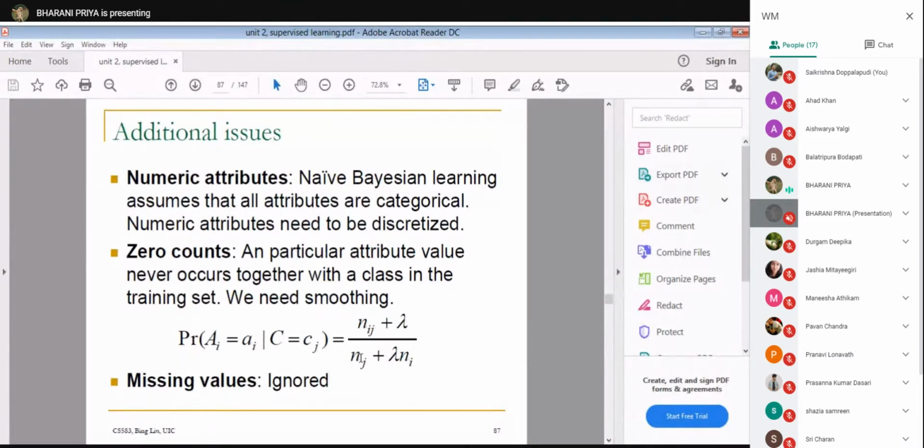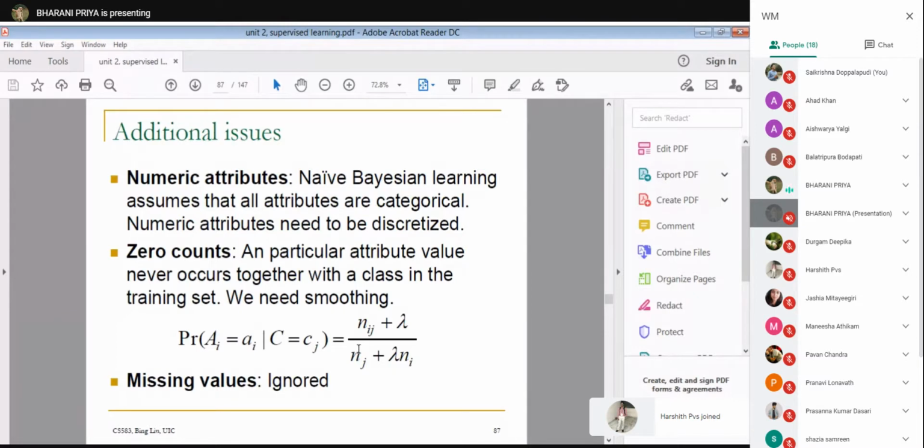As it is a PDF, I am unable to change it, but you correct it: it's Nj plus lambda Mi. Where Nij is the number of examples that have both capital Ai equal to ai and the class value C equal to cj. And Mi is the number of values of attribute Ai.